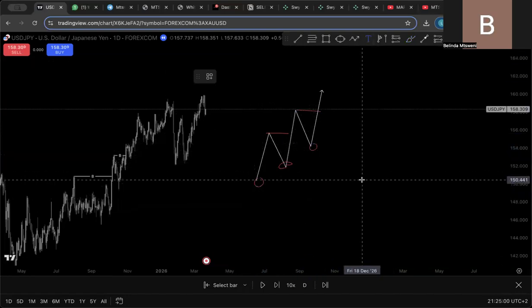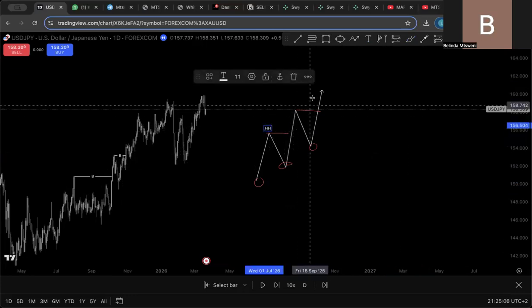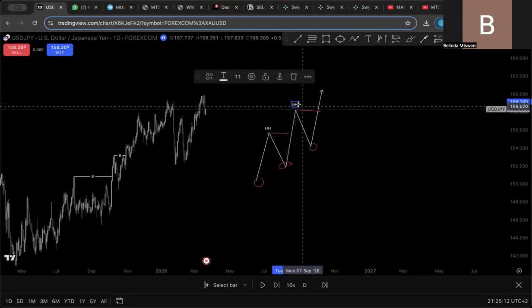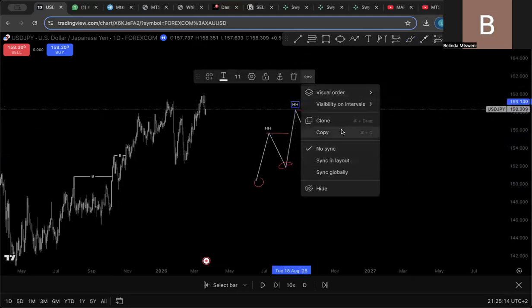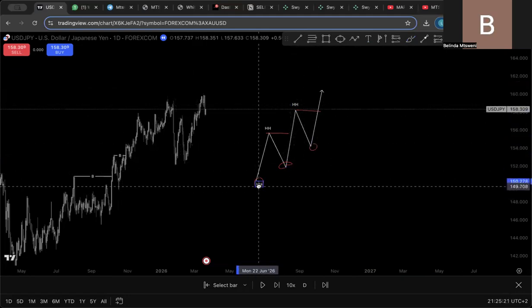Meaning that this was a higher high over here, and then price violated that higher high over here as well. And then we would also have our higher lows over here.